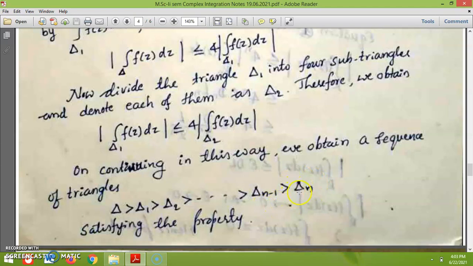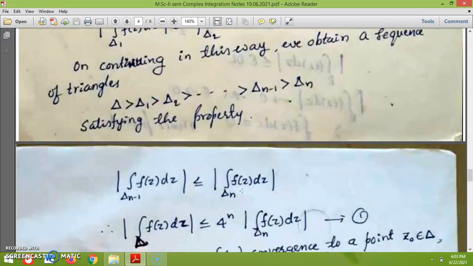So this inequality is satisfied as a generalization: the modulus of the integration of f of z over the triangle with n minus 1 divisions is always less than or equal to the integration of f of z over the triangle with n divisions.